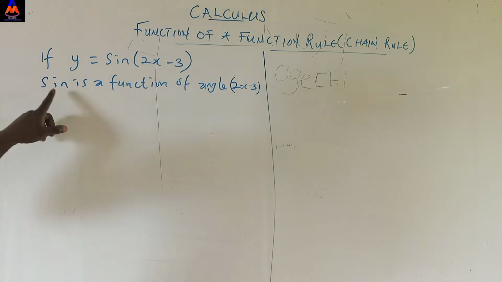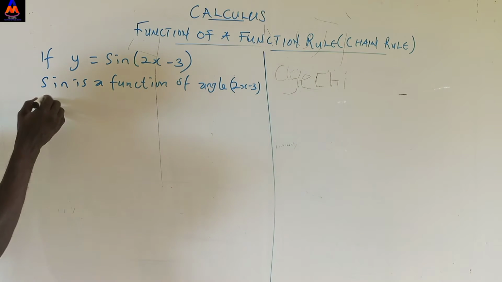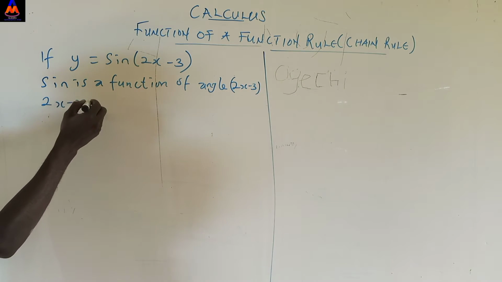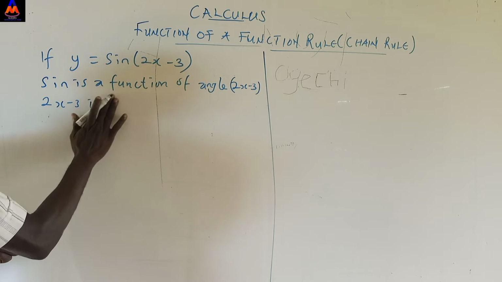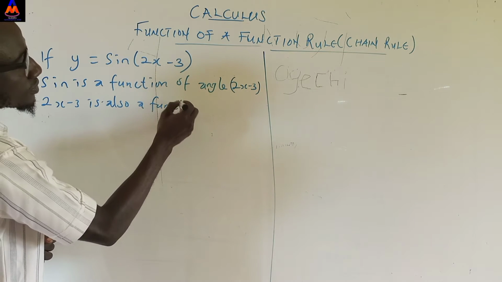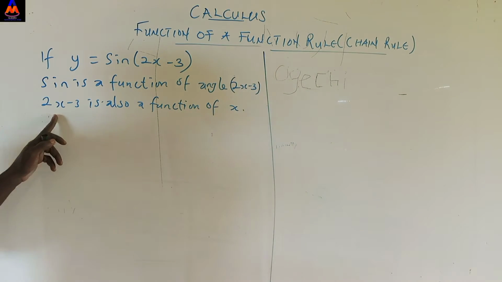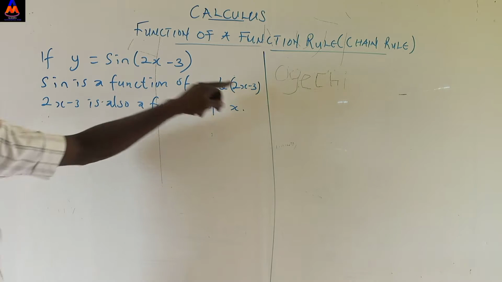Now this sine is a function of the angle 2x minus 3, and this 2x minus 3 is also a function of x. This depends on x. Sine depends on this.